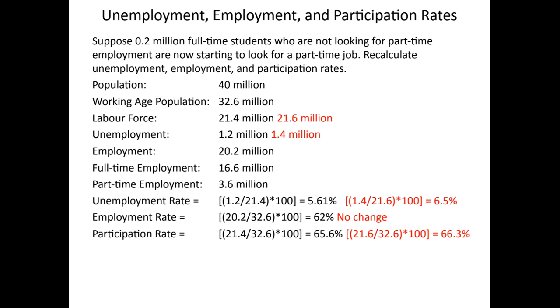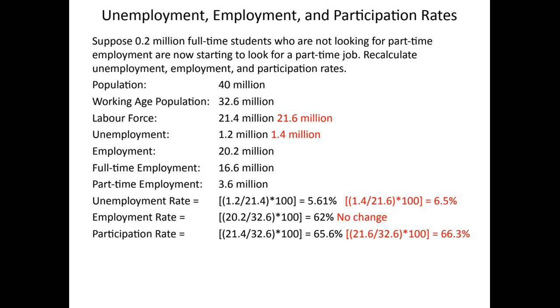So unemployed workers will also increase from 1.2 million to 1.4 million workers. Why 0.2? Because those 0.2 million students are actually joining the labor force and actively looking for employment. There's no change in employment because they're still looking, as in the question. If you calculate the same three ratios, notice that the unemployment rate will change.